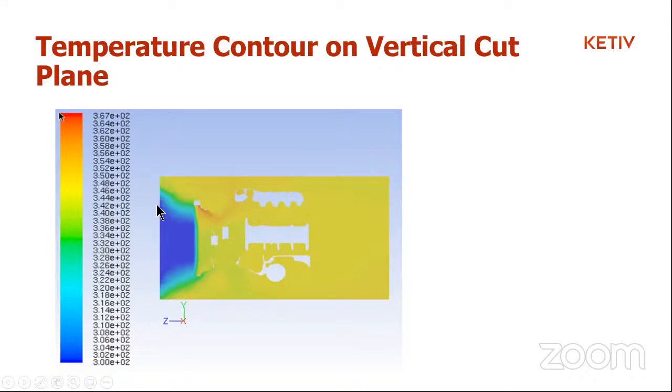For example, you can see that the colder air is getting sucked in through the radiator, and then your temperature increases as such. But then there are certain regions over here wherein you see a very high temperature, and that is because your fan is not situated correctly, which I showed you in the velocity contour for the radiator in plane.